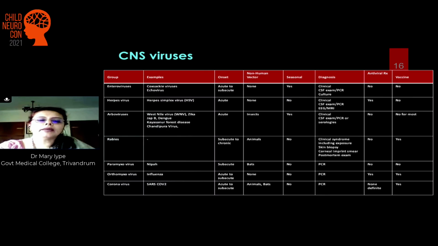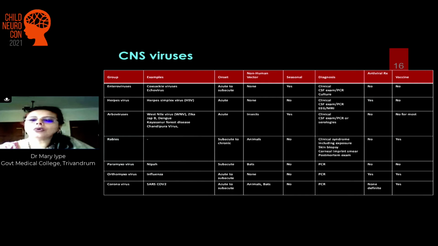Now, the different viral encephalitis can be classified as enteroviruses, herpes virus, arbovirus, rabies, paramyxovirus, orthomyxovirus, and the coronavirus which has come recently. And these are marked by the fact that acute onset viral encephalitis is seen with arboviruses and herpes virus infection, whereas the manifestation could be acute to subacute with enteroviruses, rabies, paramyxovirus, orthomyxovirus, and the coronaviruses.